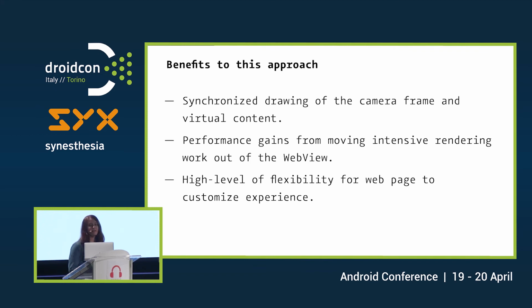And we've retained a high level of flexibility for the web page to customize the experience, because the native app itself is as agnostic as possible to the content of the experience. The web page has the flexibility to decide which virtual models are being rendered, along with when and how they're placed, how they're positioned, how they're scaled, and how they're rotated. It can also overlay any HTML content that it wishes or other JavaScript components to enhance the experience.